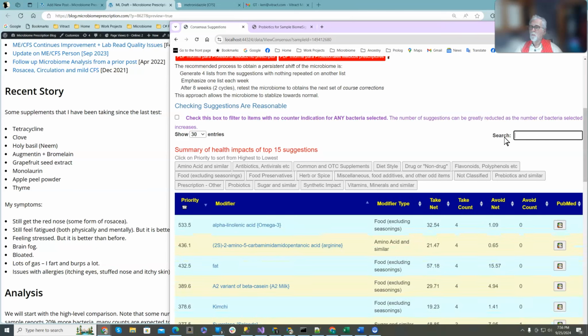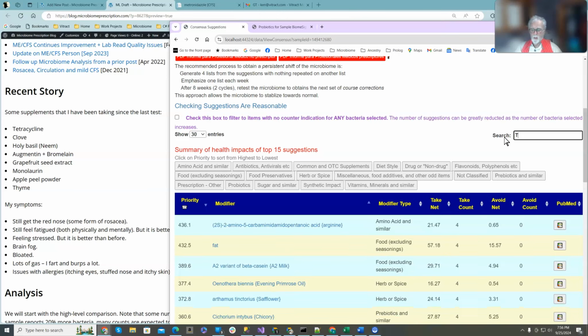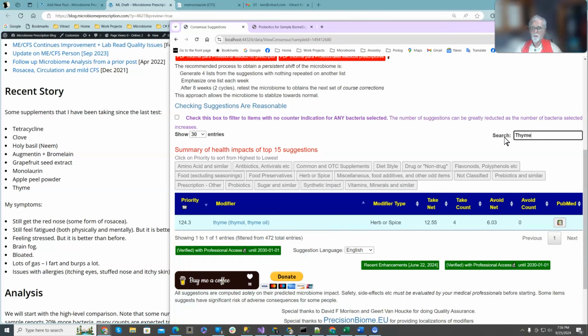Monolaurin is not there. Apple is a slight negative, and thyme is a positive. So the majority of the things he has been taking probably should not be continued. Either they have no effect, so there's not much point in doing it, or they have a negative effect. The ones that still have a positive effect, you can go in and take a look.